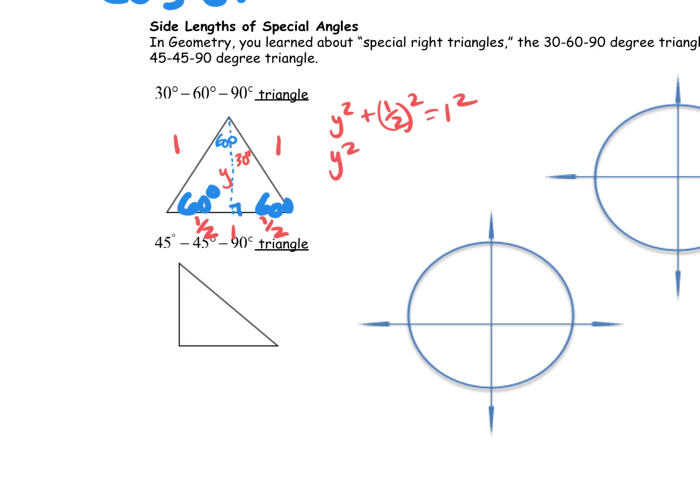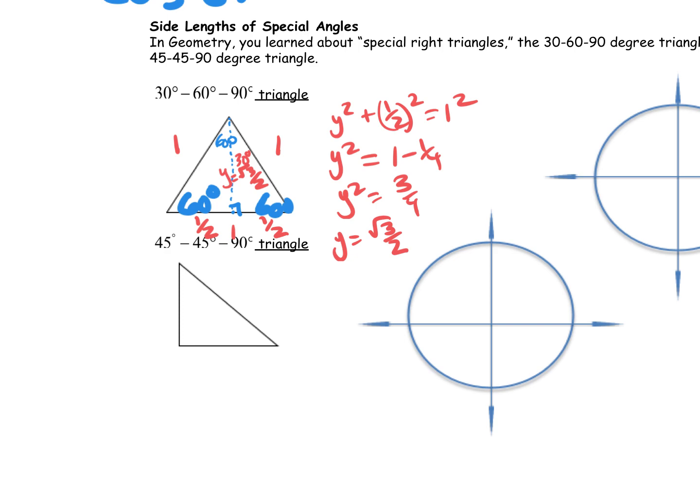So y squared is going to be 1 minus 1/4. y squared equals 3/4. And yes, when you take the square root, it's usually plus or minus, but we're just going to be talking about a positive length here in a triangle. So we're just going to say positive √3/2. So what was the point of that? Well, I wanted to remind you of the ratios of the sides in a 30, 60, 90 triangle.